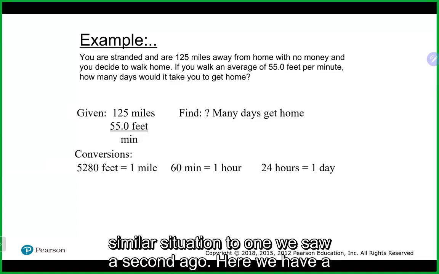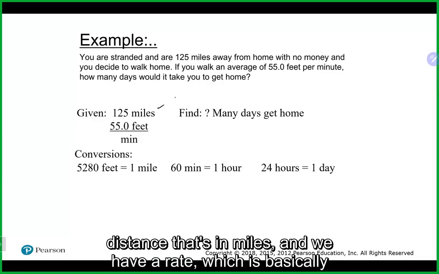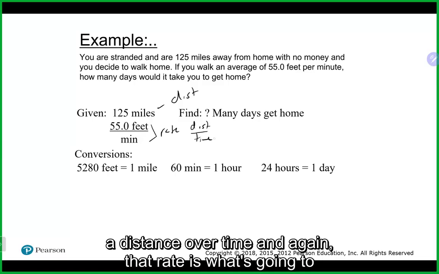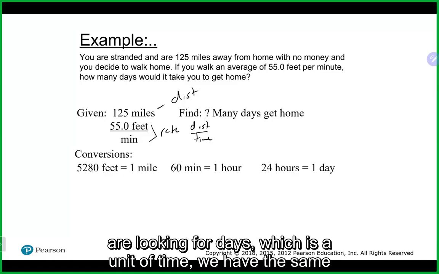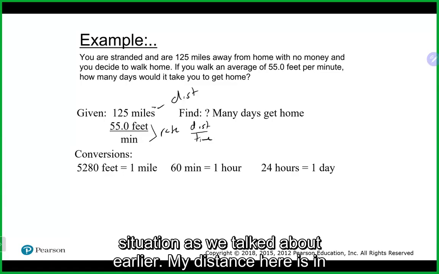So it's kind of a similar situation to one we saw a second ago. Here we have a distance that's in miles, and we have a rate, which is basically a distance over time. And again, that rate is what's going to allow us to go from distance to time, since we are looking for days, which is a unit of time. We have the same situation as we talked about earlier.